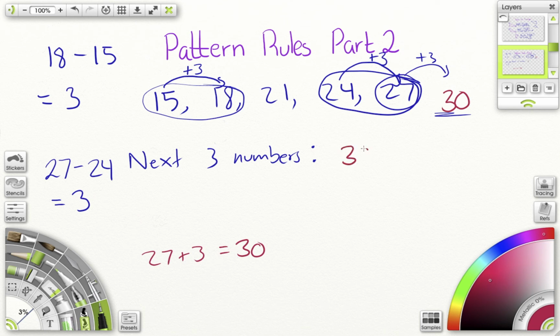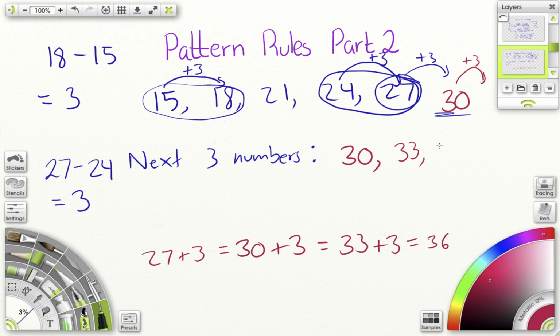That's my first number. Now to 30, I add 3 again, because it's going up by 3 each time. 30 plus 3 equals 33, so my next number is 33. And to get the last one, I add 3 to 33 again. 33 plus 3 equals 36. So my last number is 36.